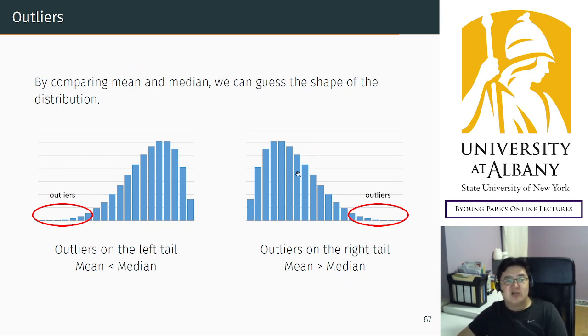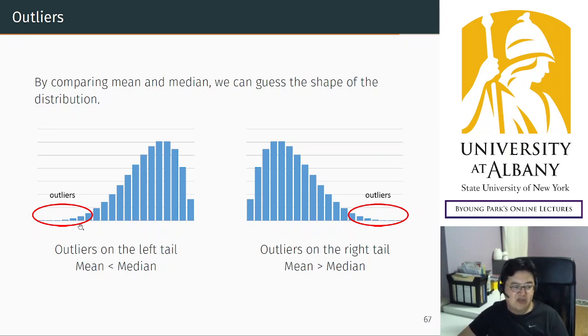In general, outliers can be seen from the histogram. If you draw a histogram, it's about the tail. In this case, if there is a long tail on the right side, then they are outliers. With outliers on the right tail, the mean would be larger than the median because those outliers will increase the mean more than the median.